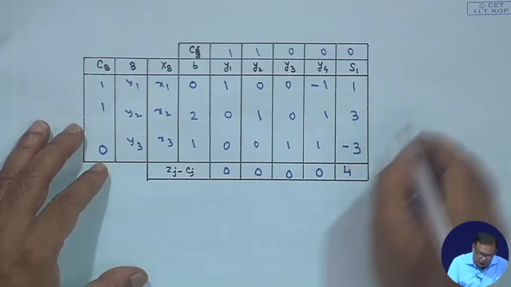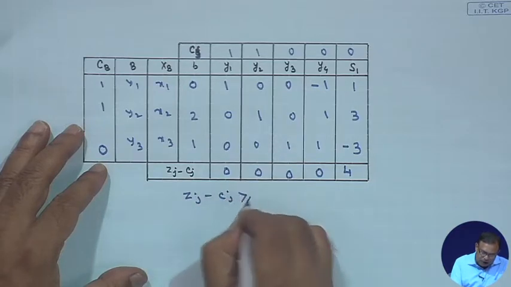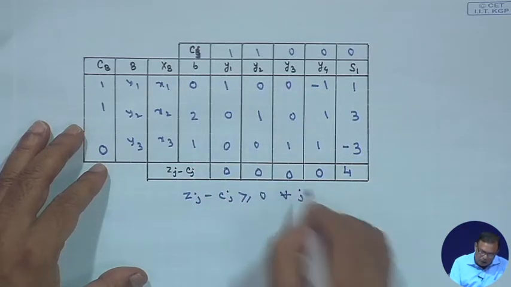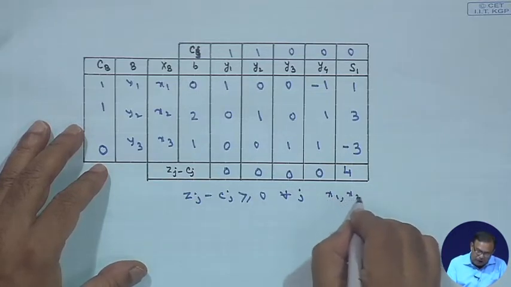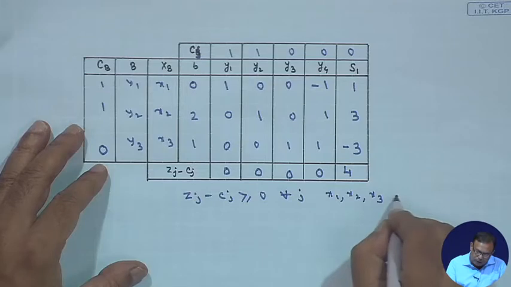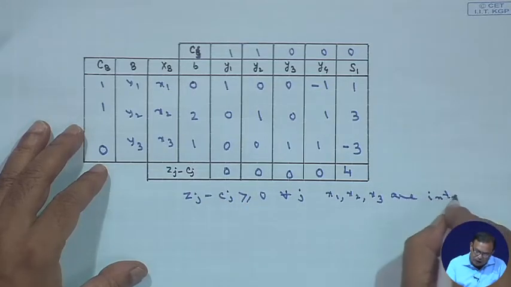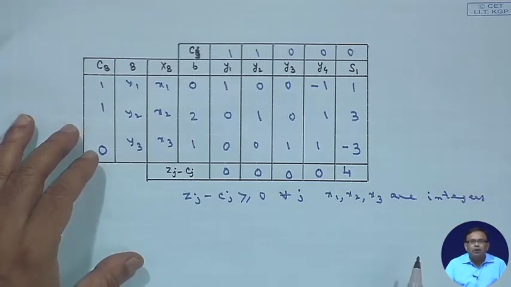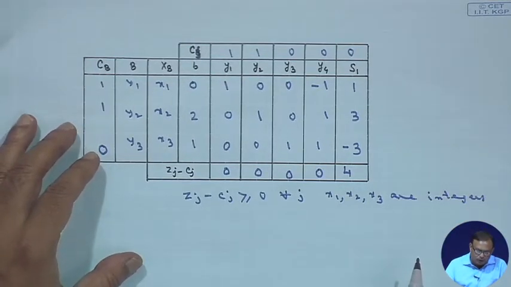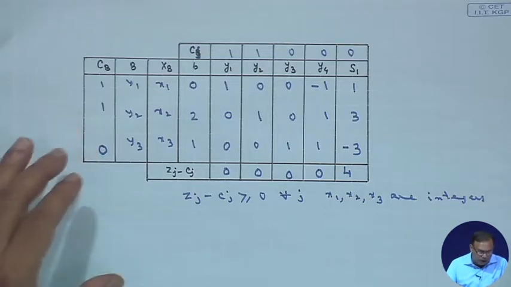So, if you see here your Zj minus Cj is greater than or equal to 0 for all j, and the basic variables, which are x1, x2 and x3, have integer values. Therefore, you have obtained the optimal solution, which also satisfies your feasibility condition.